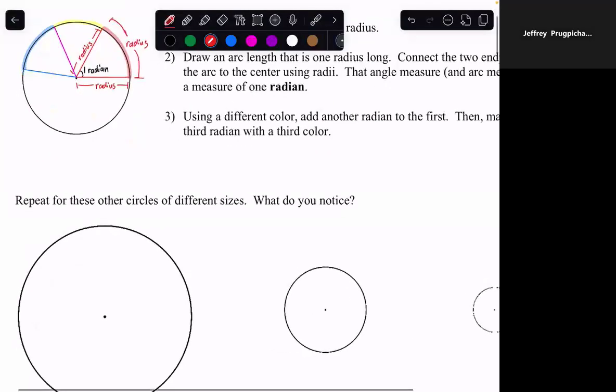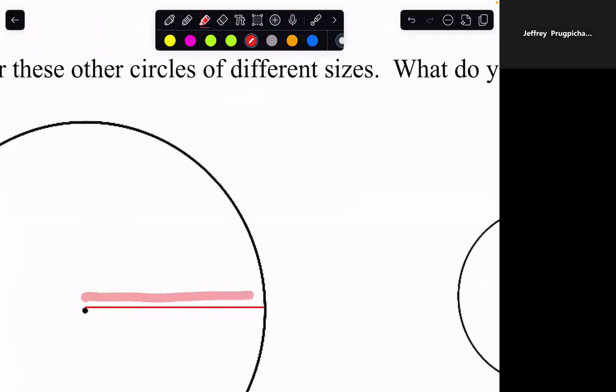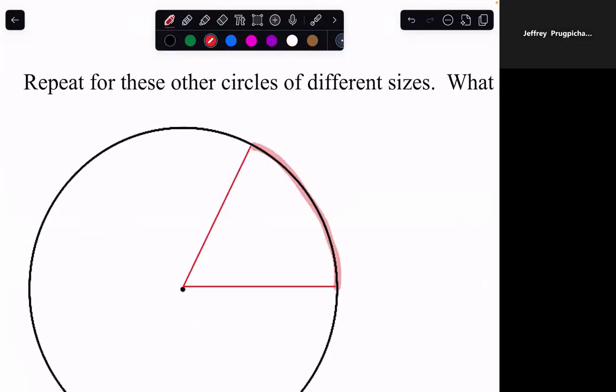Okay, so here the radius is bigger, right? So we still kind of measure, okay, how far is this? And then you bend it around the edge of the circle. Okay, and then the second one.